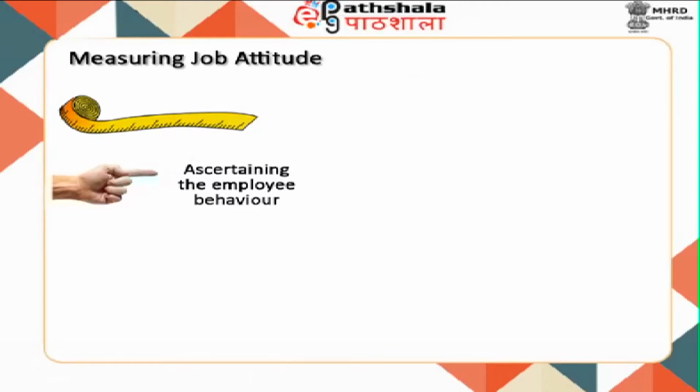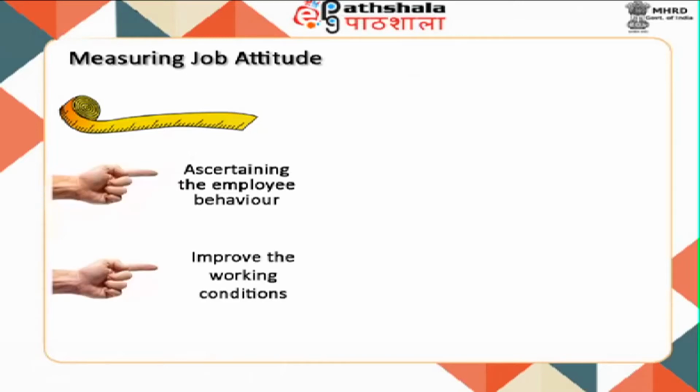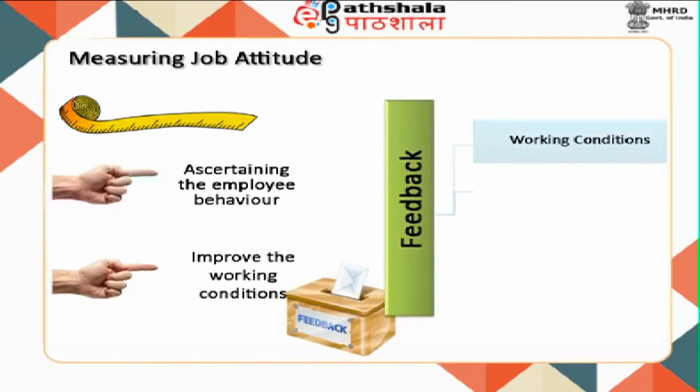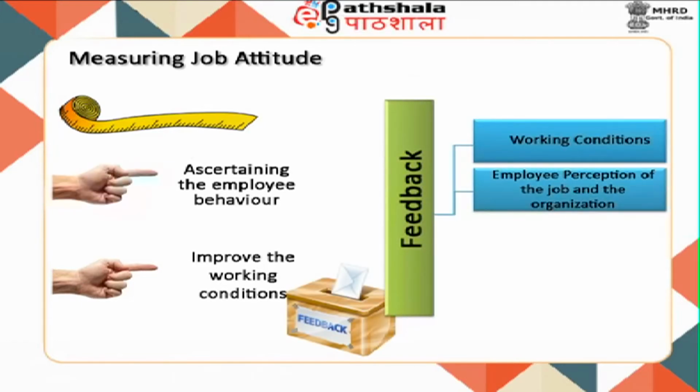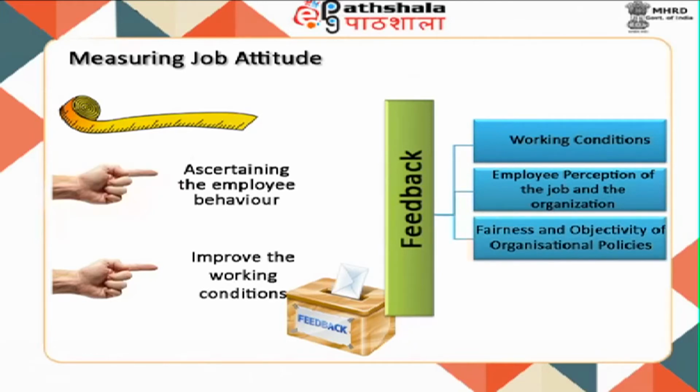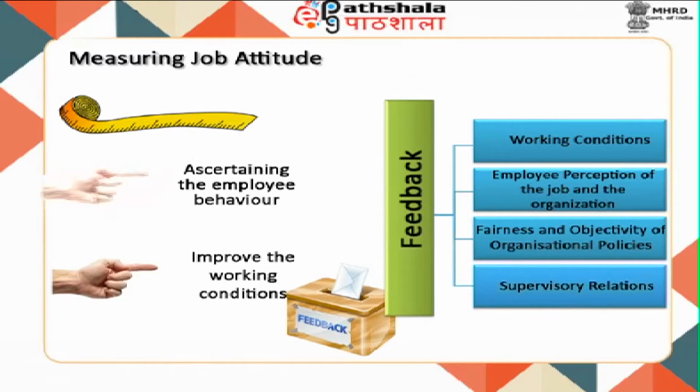Having deciphered the behavior of the employees, the organizations would do well to improve the working conditions. The managers get all the important feedback on the working conditions, employee perception of the job and the organization, fairness and objectivity of the organizational policy perceived by the employees, the supportive supervisory relations, and so on.